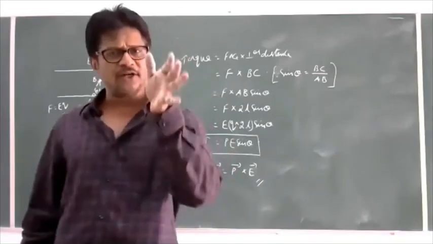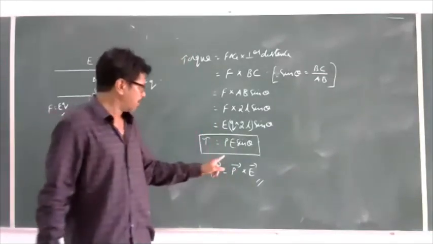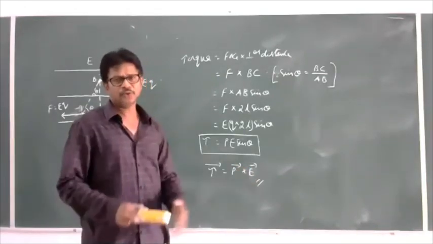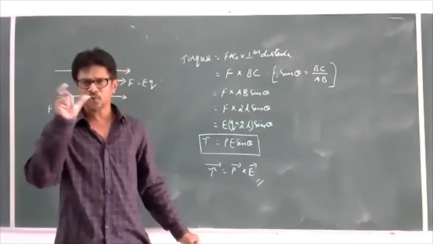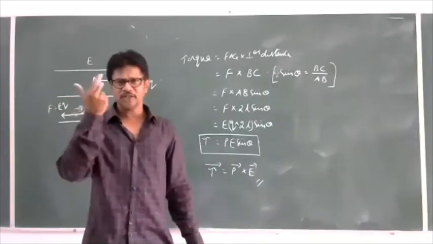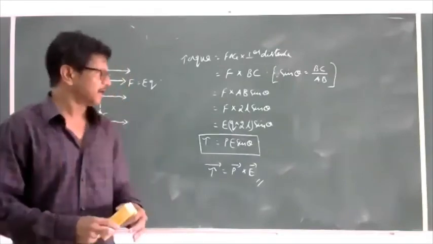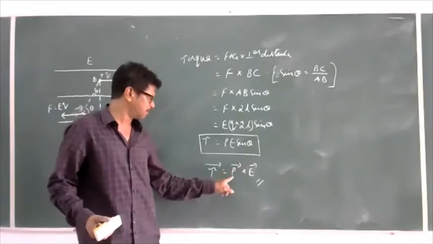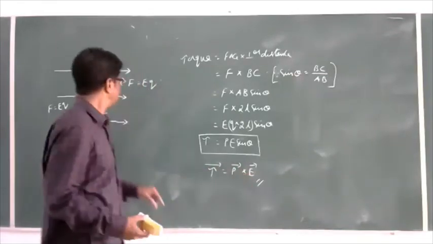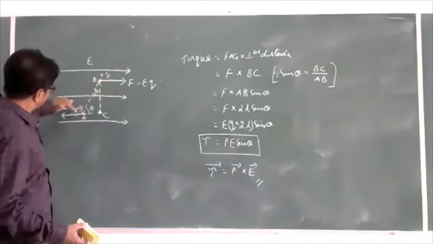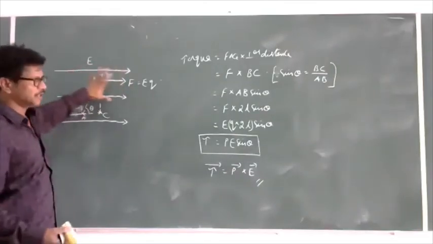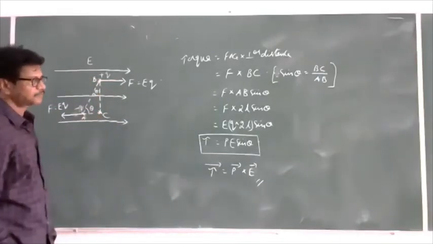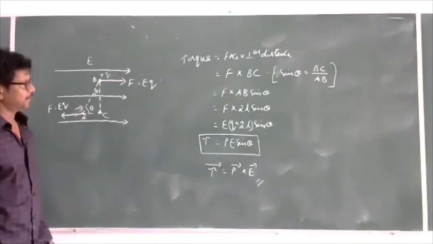By using the right hand screw rule, the direction of the cross product will always be perpendicular to the plane which contains P and E. The dipole moment is in this plane, E is also in this plane, so the torque will be perpendicular to that plane.